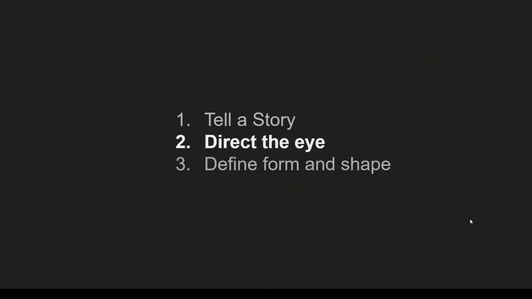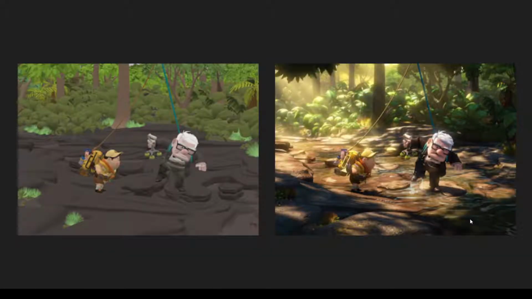Let's move on to talking about directing the eye. Lighting is really important for keeping us focused on what's important in the scene and drawing the viewer's eye to what you want them to look at. In this example from Up, on the left-hand side, you can see before lighting, the whole image is very confusing and difficult to look at. We have clear color distinction and contrast in these characters, but this space feels very flat.